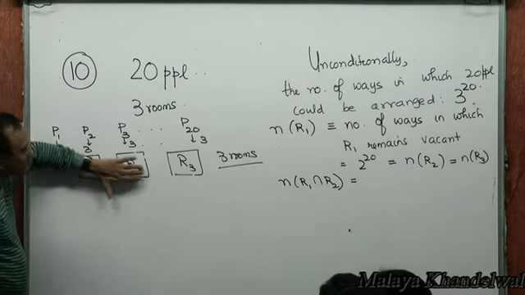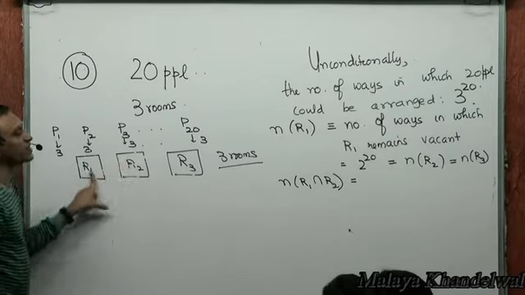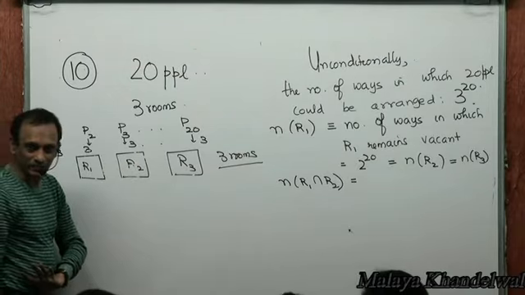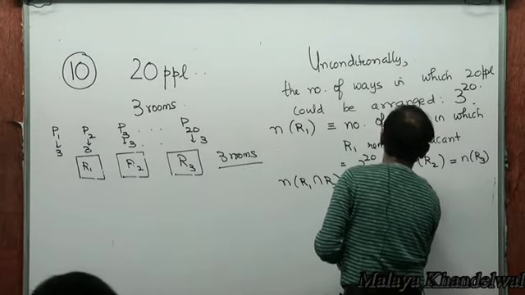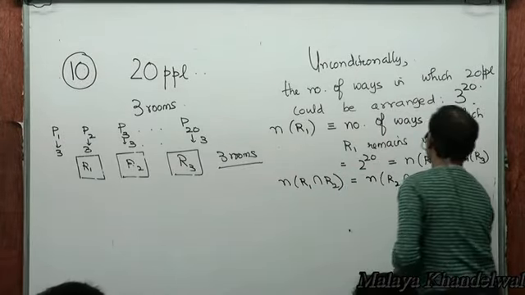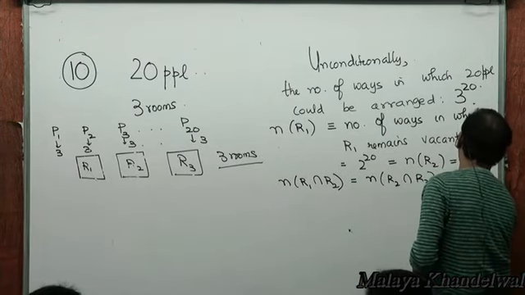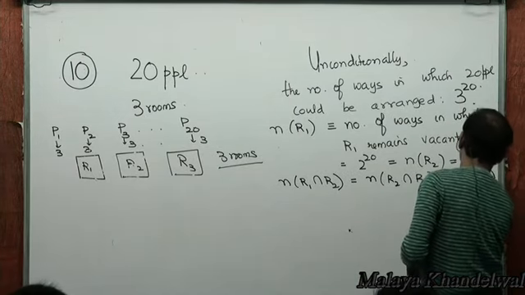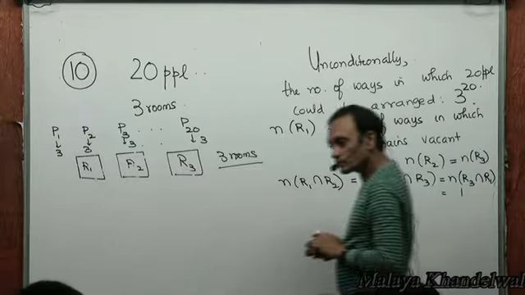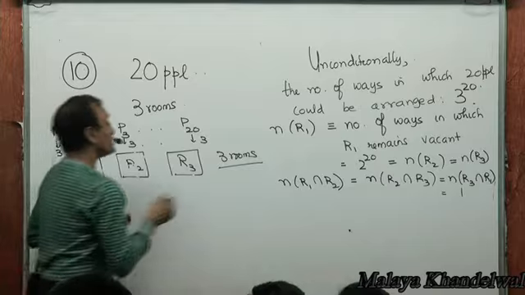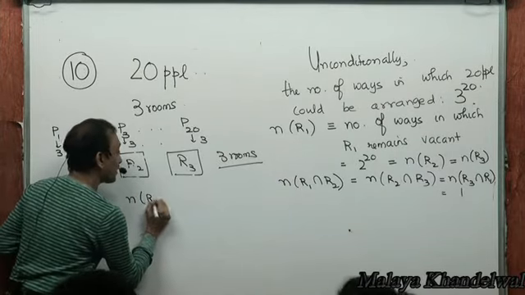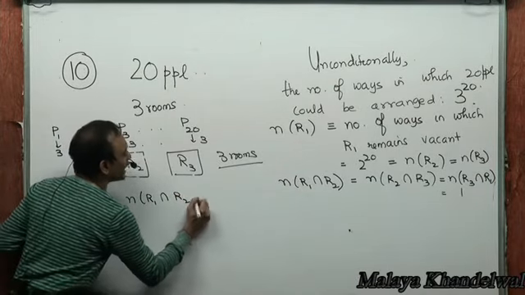Yes or no? So there is only one way in which R1 and R2 remain empty. There is only one way in which R2 and R3 remain empty. There is only one way in which R3 and R1 remain empty. Yes or no? Now, number of ways in which R1 and R2 and R3 remain empty.